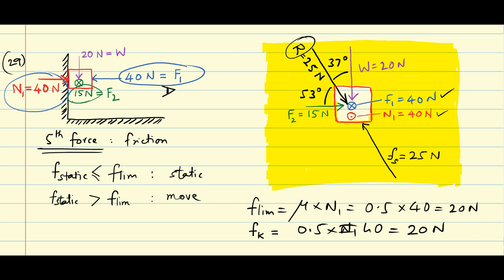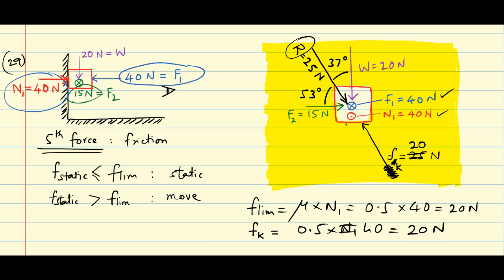So I'll just change the FBD a bit. F static over here becomes F kinetic. The value of the force is 20 newtons, and the force is of course going to be a bit smaller, so I'll just remove this part of the arrow. And the direction of the force of friction is such that it will be opposite to the relative sliding.